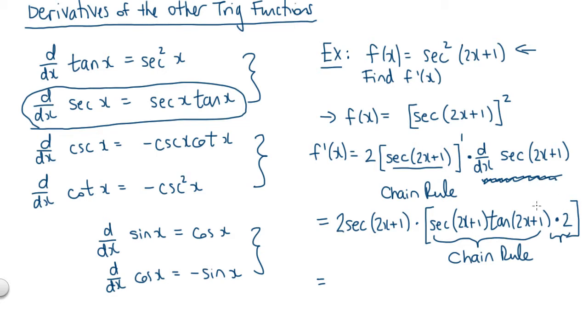Our total coefficient in front, because everything here is multiplied together, we're going to have a 4 coming out to the front. And it's a little bit faster if we actually combine these two secants. Remember, they're being multiplied together, so we could really say secant squared of 2x plus 1 times tan of 2x plus 1. And that's a good final answer right there.